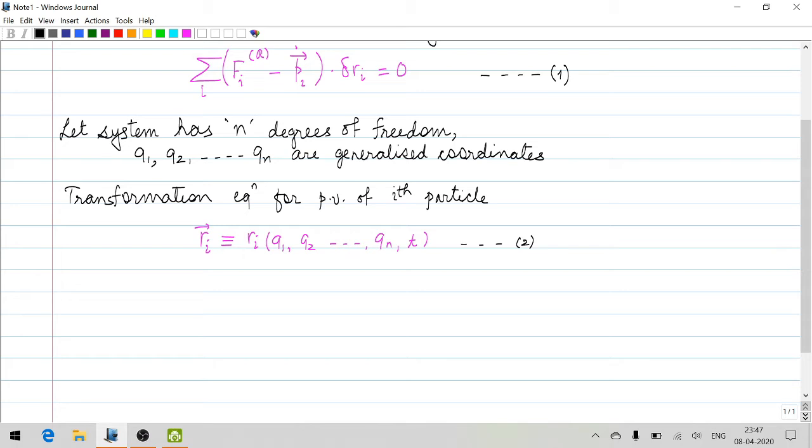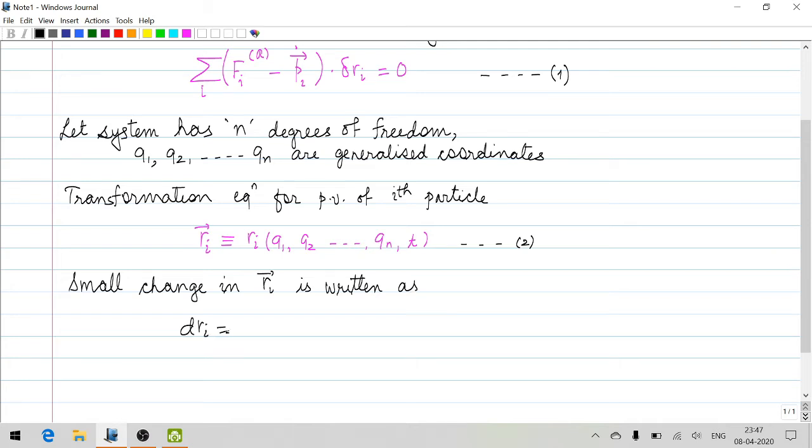So small change in Ri is written as, normally we write this as dRi.